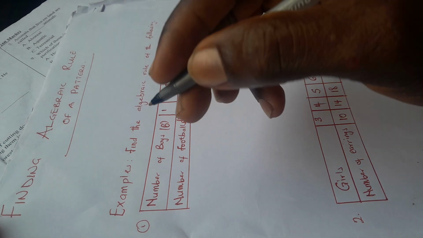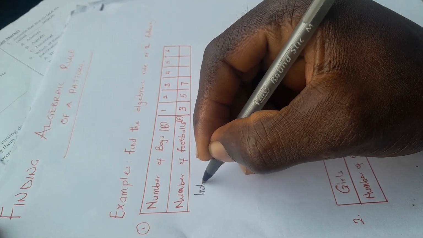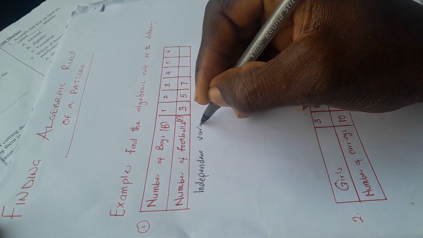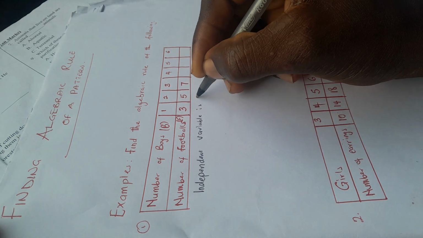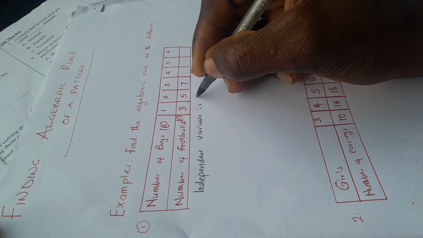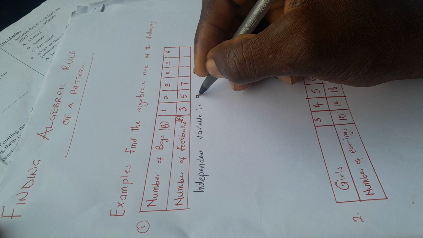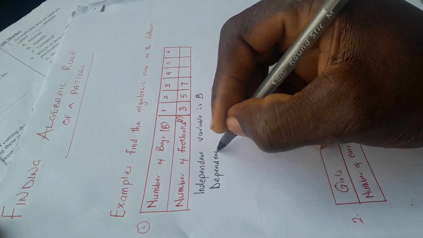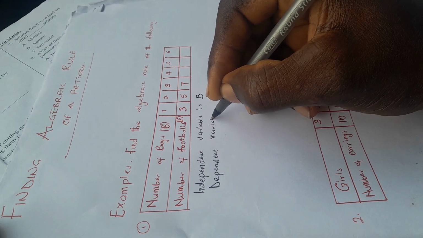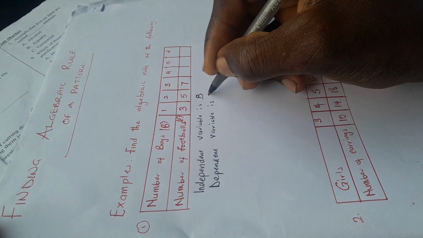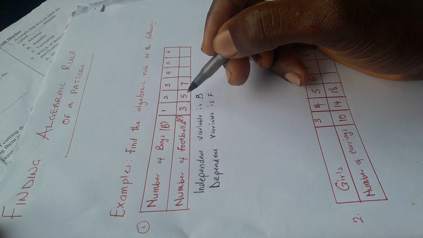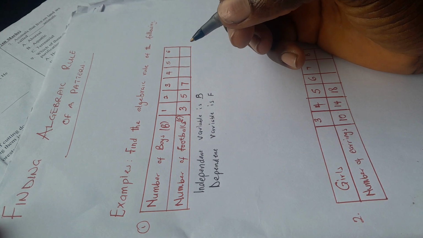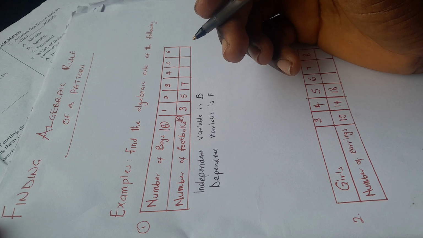So our independent variable over here is B, and our dependent variable is F. So F depends on B. So we've determined our dependent and independent variables.